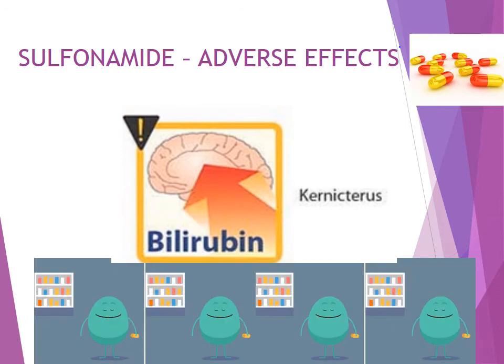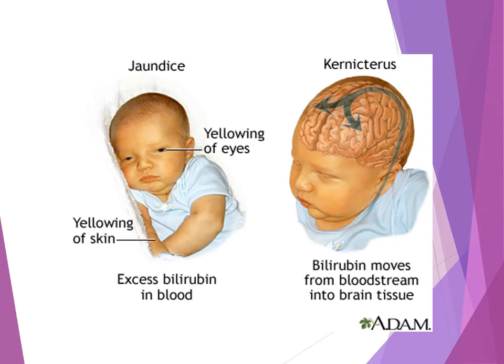Next, sulfonamide should not be given to patients receiving methenamine because your sulfonamides condense with formaldehyde. So, yan po yung kernicterus. Nagpapass through po siya sa blood-brain barrier ng baby kasi nga hindi pa fully developed yung blood-brain barrier niya, causing now kernicterus or yellowing of the eyes and also the skin.